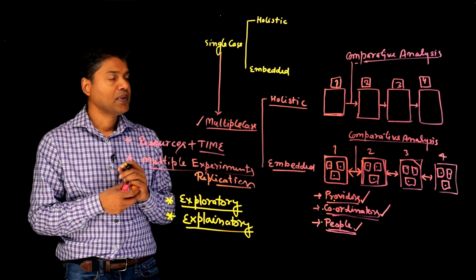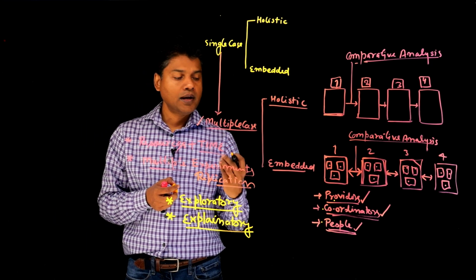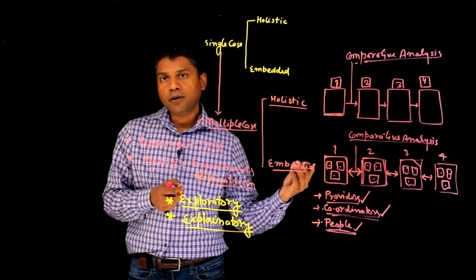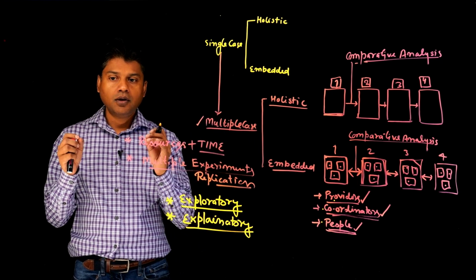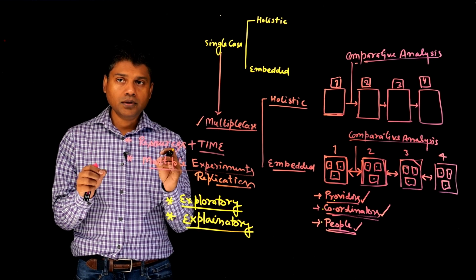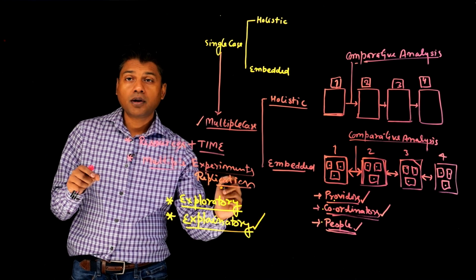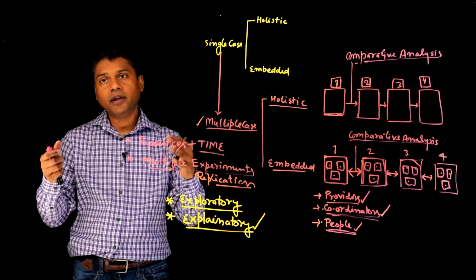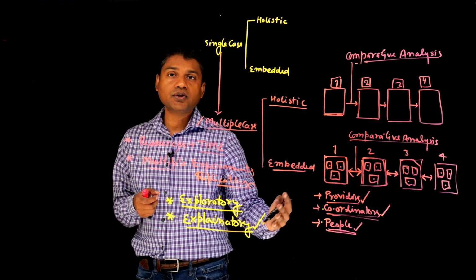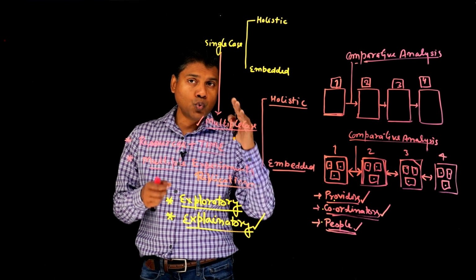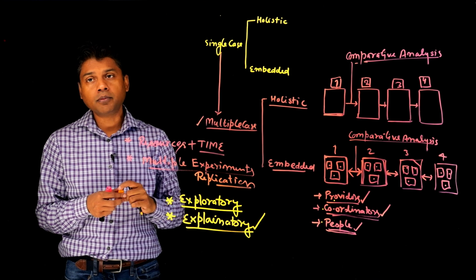So I could ask, what is the relationship between student motivation and student academic achievement? So let's say if my cases are multiple students, then this explanatory approach can help me understand relationships between variables. So explanatory case studies are more focused on understanding relationships between various variables within that case or across the cases if you are using multiple case research design.